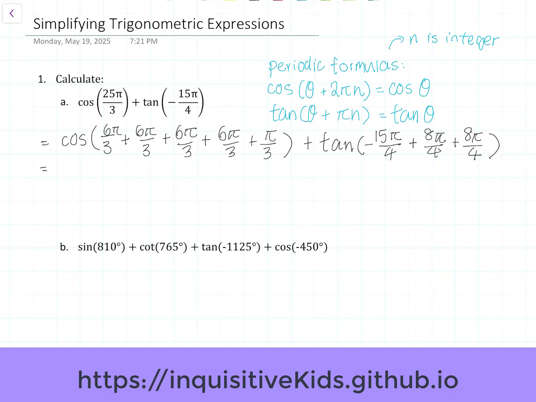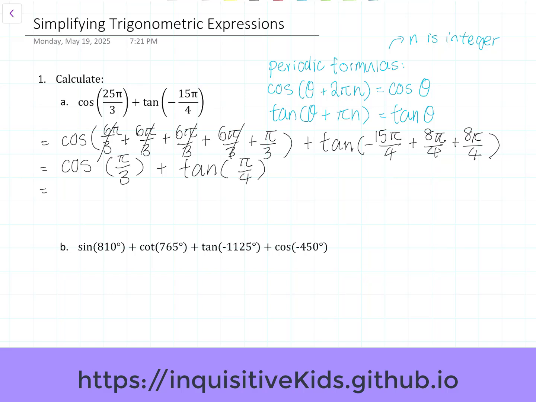Now, if we continue simplifying, since all of these are just 2 pi's, they cancel out, because if any multiple of 2 pi is being added onto theta, then it's the same value as just cosine of that value. So here theta is pi over 3, and this expression is equivalent to tangent of positive pi over 4.